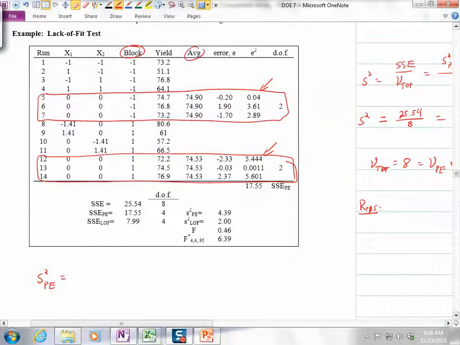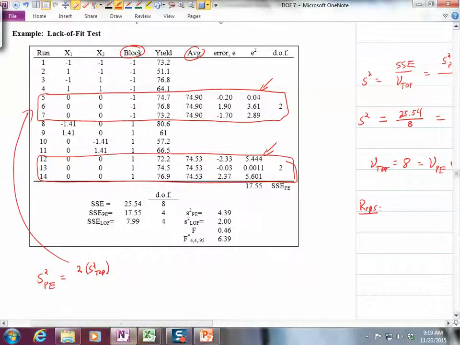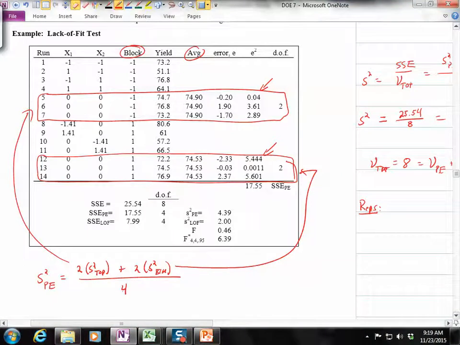So there's the average of those points. So for the top one, we're going to say we have 2 degrees of freedom times s squared of those top ones there, plus we have 2 degrees of freedom times s squared of those bottom ones there, divided by 4. So what's this?